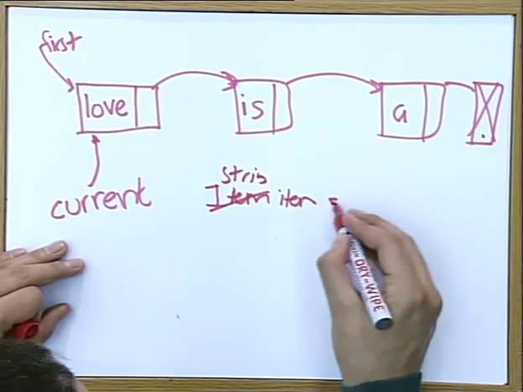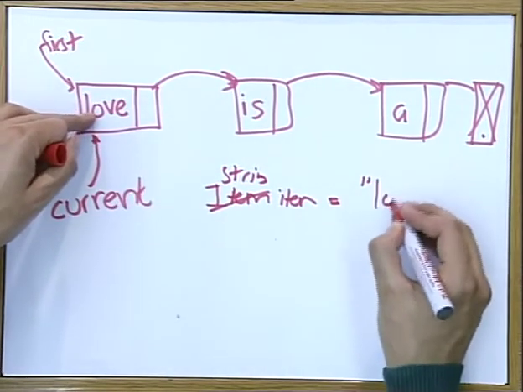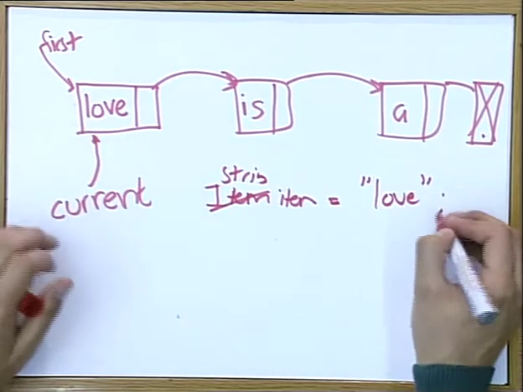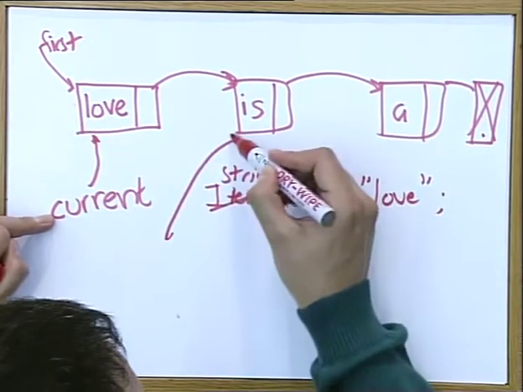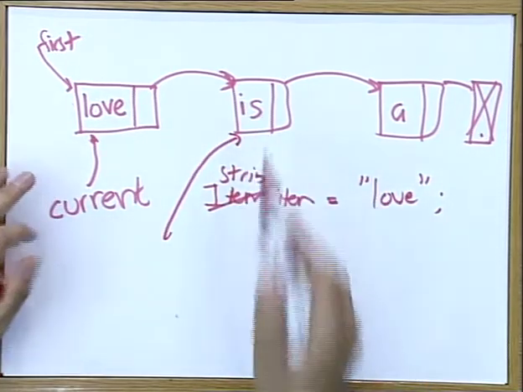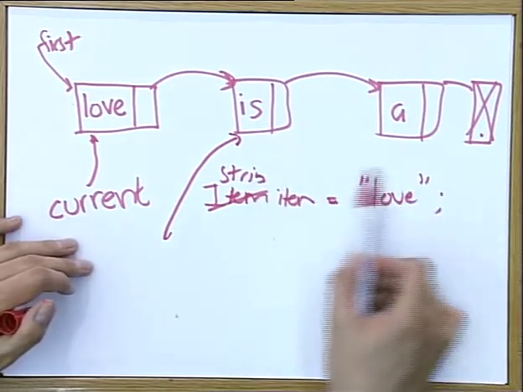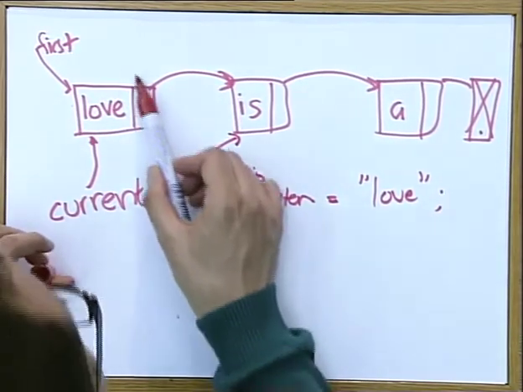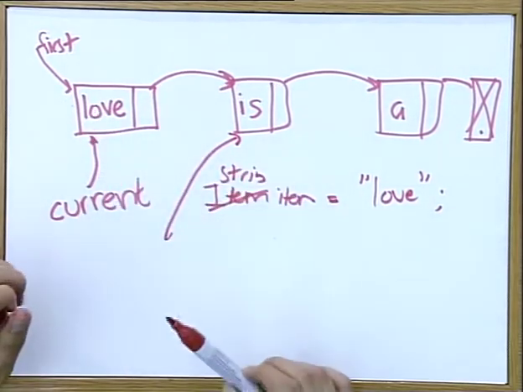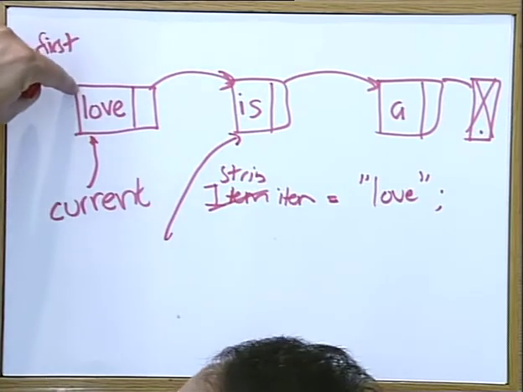The string item is equal to current.item. In this case, the string item would be love. And then we say current is equal to current.next. In other words, current points to this one, and then it returns the element that you have just got. Note that we didn't remove this element. Why didn't we remove it? Well, we still have the first pointer pointing to this one.